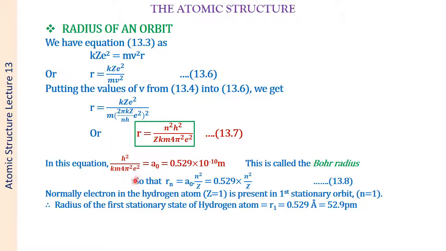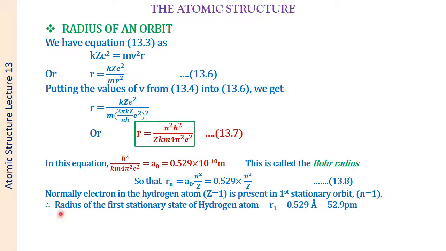Okay, so now the radius of the nth orbit can be written as a₀ × n²/Z, where a₀ is 0.529 × 10^-10 meter. Normally for the electron of the hydrogen atom, Z is 1 and it is present in the first stationary orbit, so n would be 1.